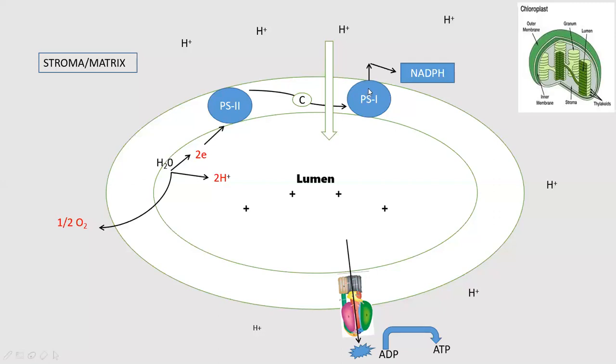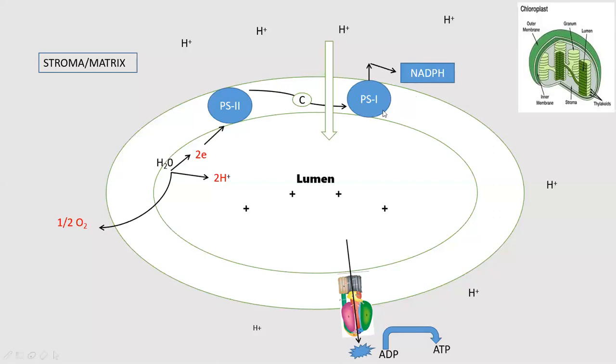These energized electrons pass through different electron carriers and finally reach NADP to form NADPH.